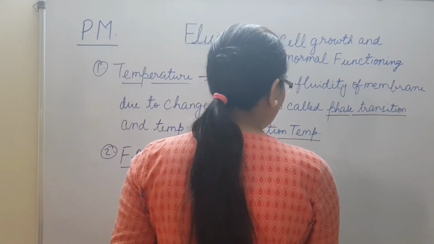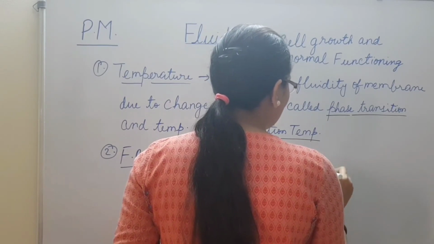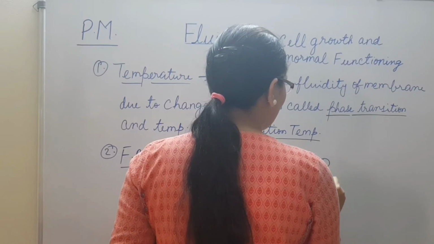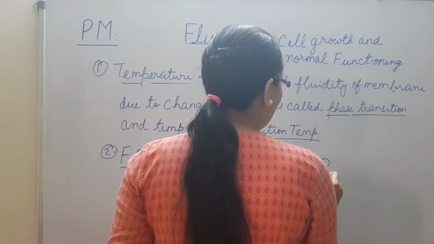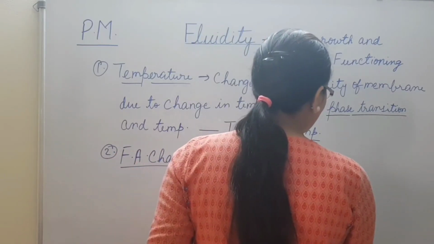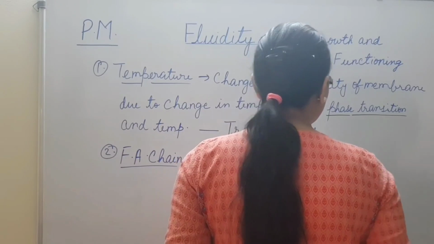But if the fatty acid chain length is more, there is more surface area of interaction, hence more van der Waals force of interaction is present, and thus they are more tightly packed. Therefore, the plasma membrane is less fluid.